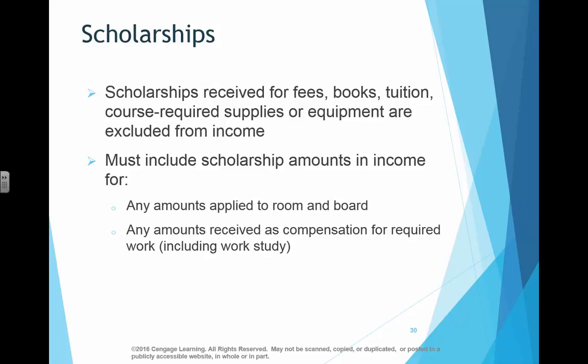What would be an example? You got a scholarship, but for that you have to be photographed and featured in the brochures and the advertisements for this upscale private college in Maine. Okay? Then you're really being compensated for something, aren't you? And then it's taxable. That's not common.